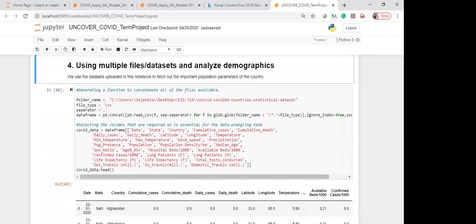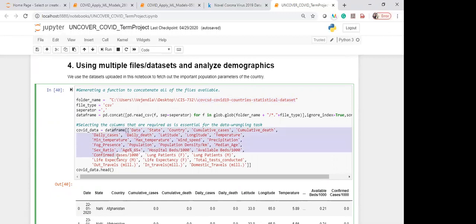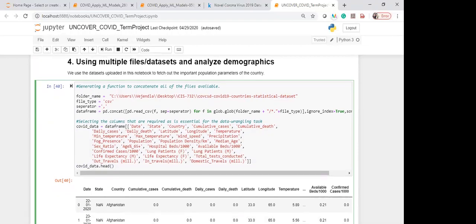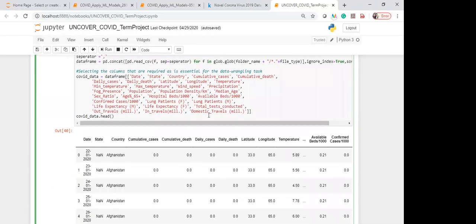For this particular question, I have used multiple data set files instead of just one. There are about eight files under this folder, and I have tried to take different columns from different files and concat and combine them to be used here.